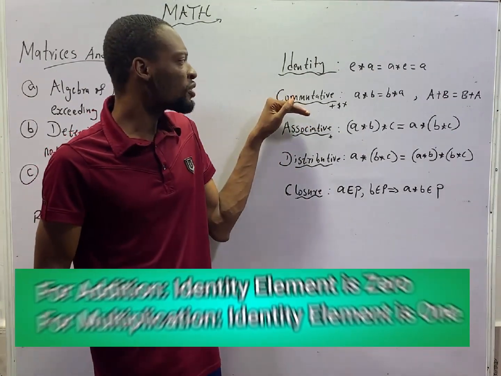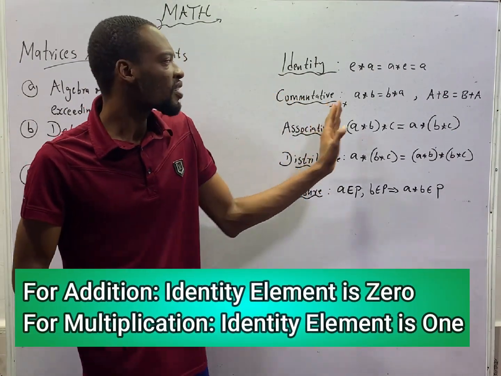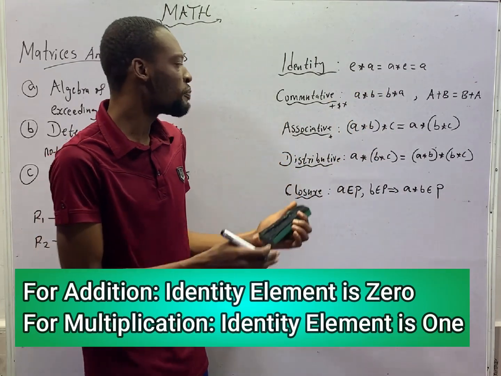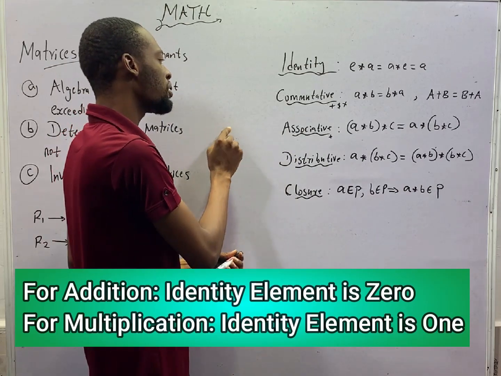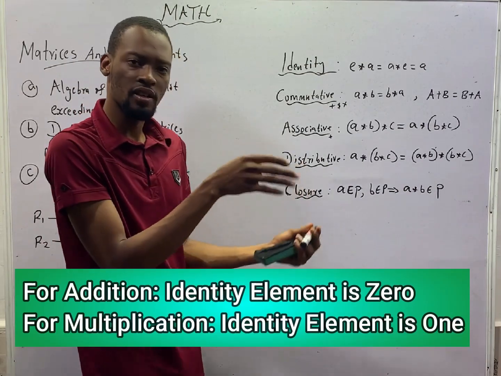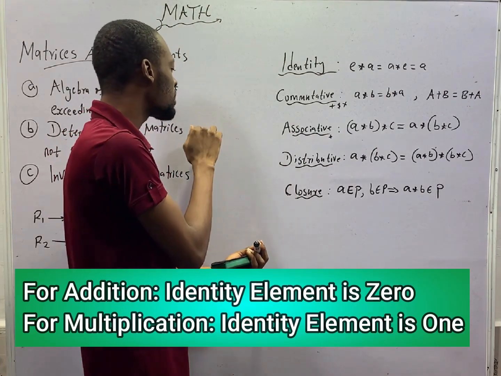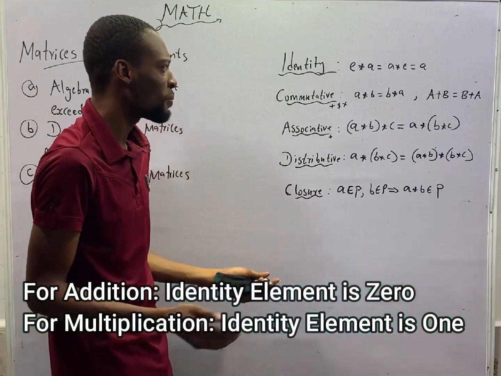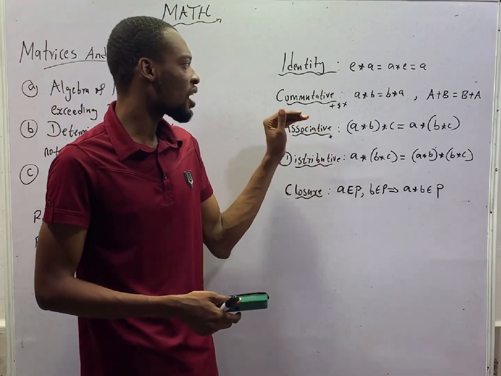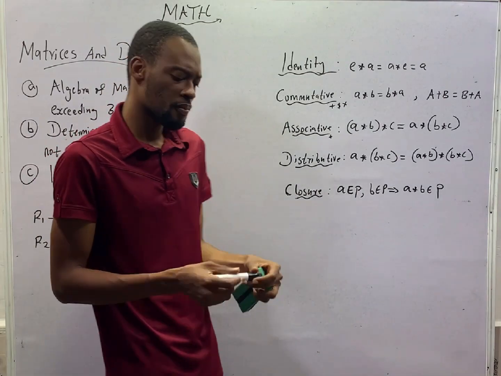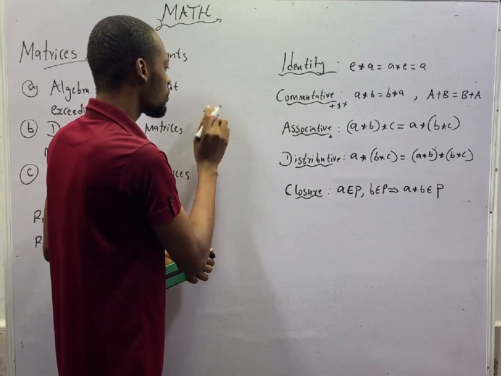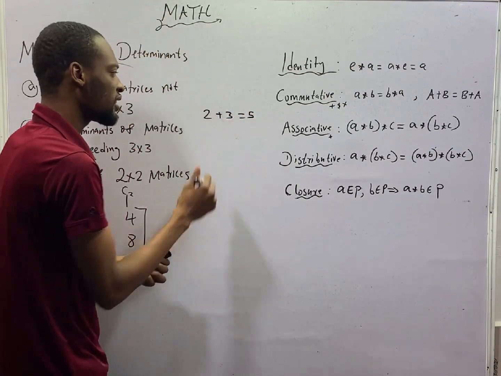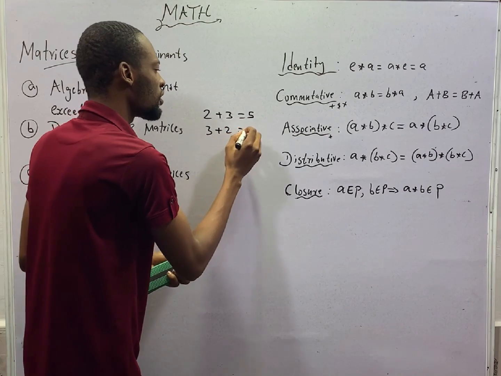The commutative property states that A star B equals B star A, which means if A is 2 and B is 3, if you use A to operate B, you will get the same answer as if you use B to operate A. In mathematics generally, addition is commutative. 2 plus 3 is 5, and 3 plus 2 is 5.